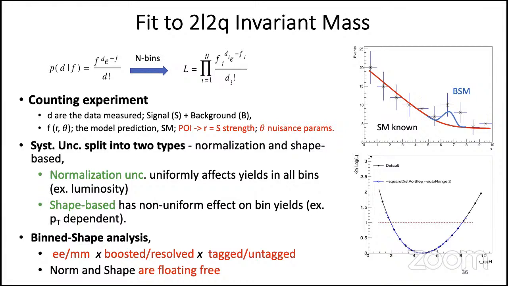And for the shape, the uncertainty has a non-uniform effect on bin yield. For example, the PT resolution, which affects in a different way the invariant mass spectrum. So it's a bin shape analysis considering these categories.